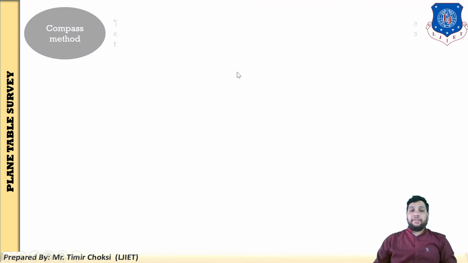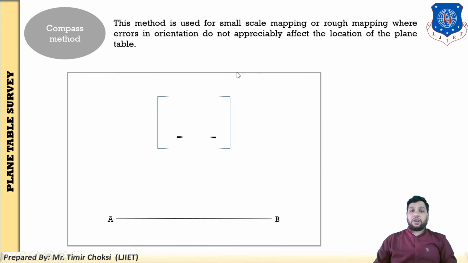You are given the A and B stations, but C station is not given. So establish the C station on the drawing sheet as well as on the ground using the A and B points with the compass method. Hope you have clearly understood. This is the first method of resection, the compass method.